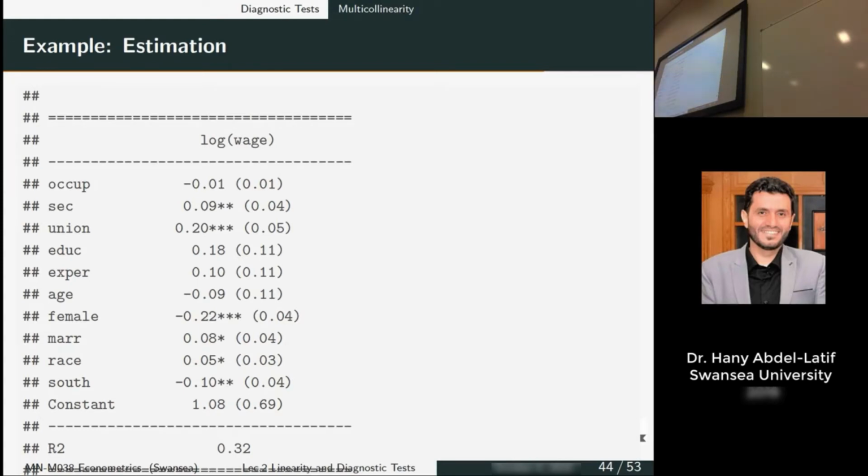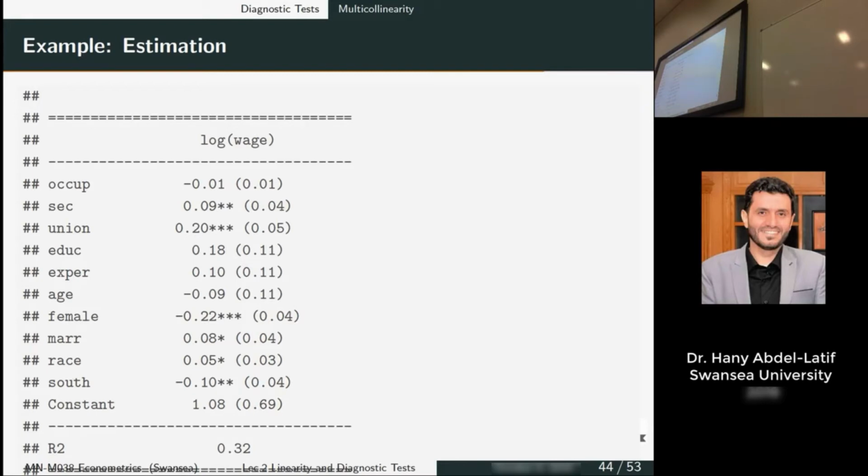And look at the R square. R square here is 0.32. Is this high or low? So it goes from 0 to 1. So 0 means your model explains 0% of the variation in your dependent variable, in this case wage.